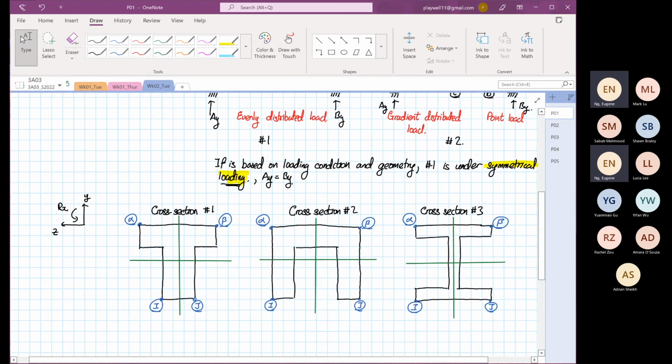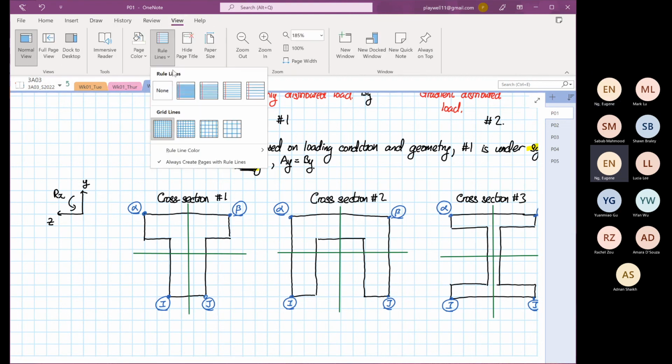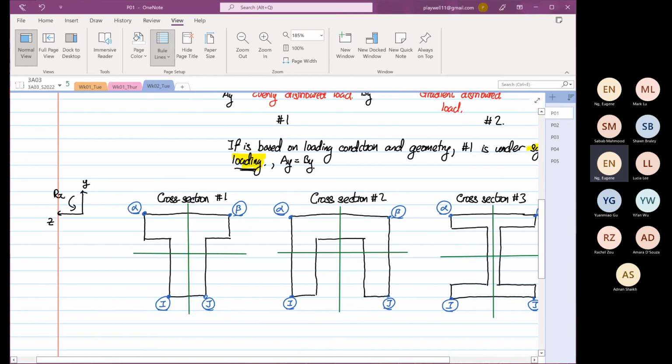If the acting moment for all of them, hold on, not if, when the acting moment or when the moment is applied on the z-axis.